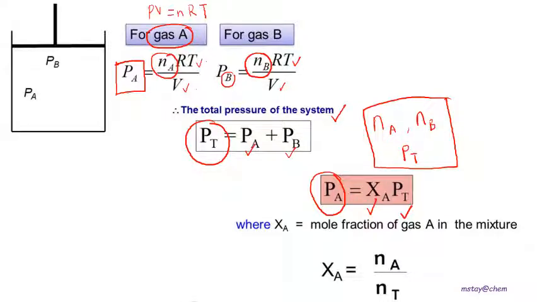So basically, these are the few formulas that will be used when answering questions related to Dalton's gas law. The first one is derived from the ideal gas equation. The second one is based on the definition of Dalton's gas law. And the last one relates the partial pressure with the mole fraction and the total pressure.